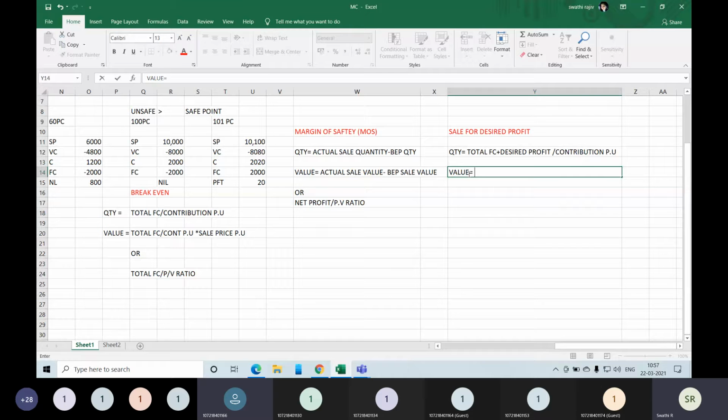No, then your margin of safety will differ. Suppose due to inflation or something like that, you're not really getting enough profit even after producing 100 pieces, because your fixed cost has gone up, your variable cost has really gone up, because during inflation, everything will go up. Then your break even will change from 100 to maybe 101 or 120 or 150. All right, then your margin of safety will also be different.